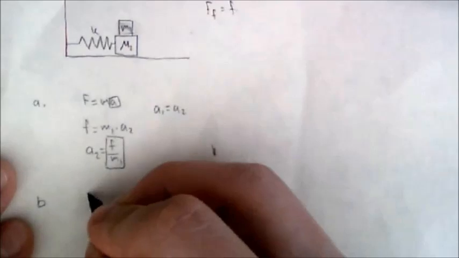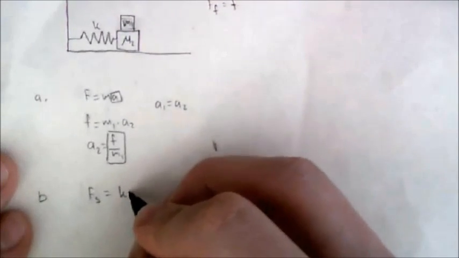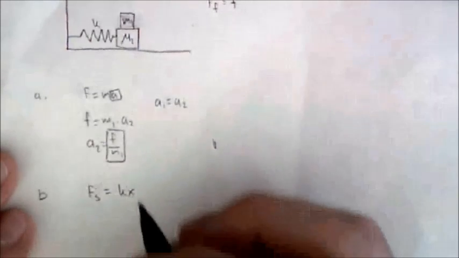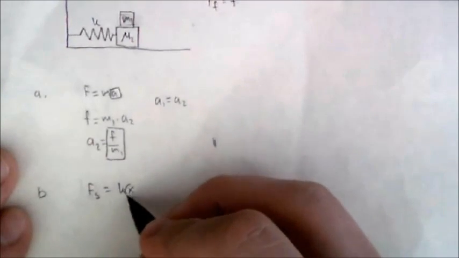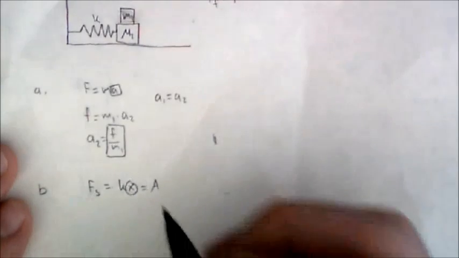If you think about the system, the maximum force applied by the spring is when the spring is most compressed or most stretched out. So we can set the force of a spring, kx, and you can set that x equal to A, for amplitude.